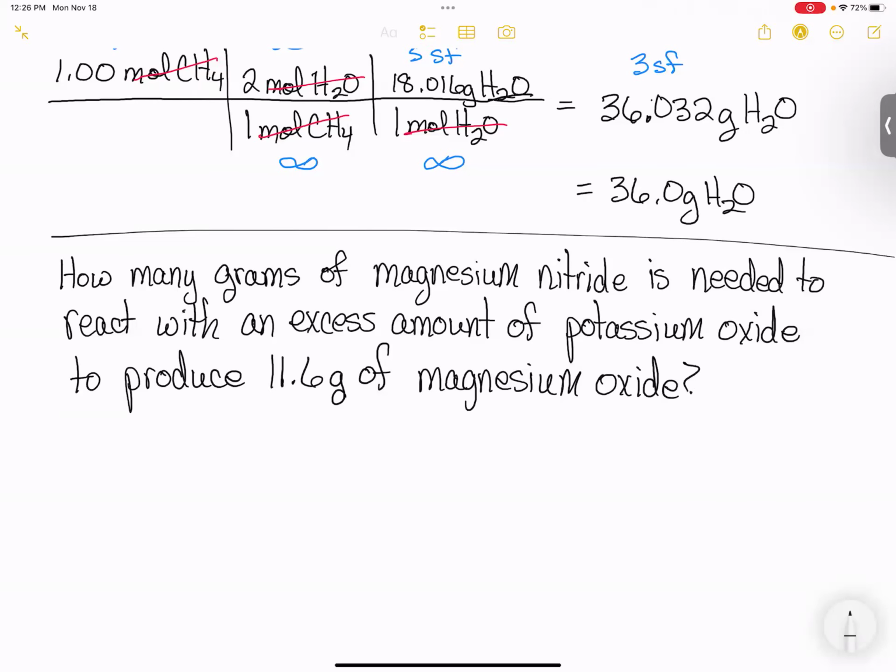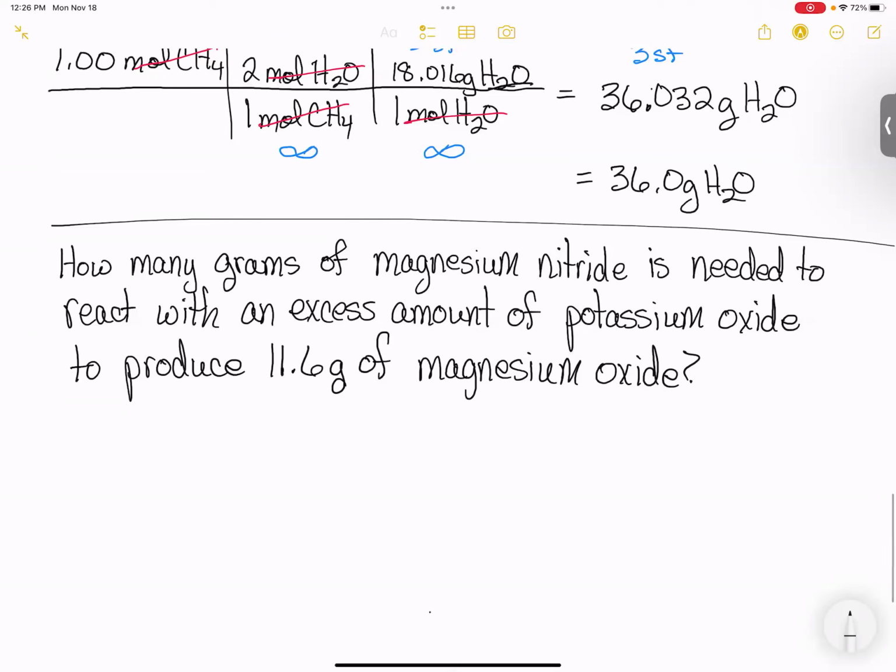The reaction is Mg3N2 plus K2O goes to form MgO plus K3N.